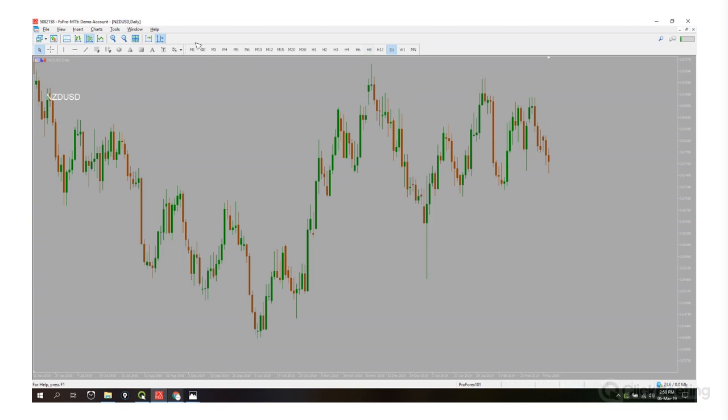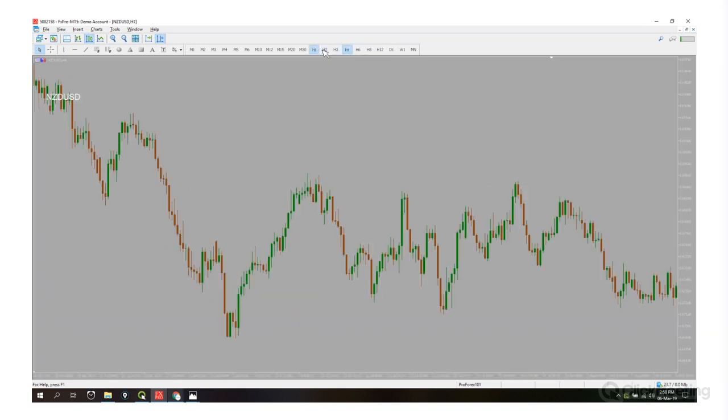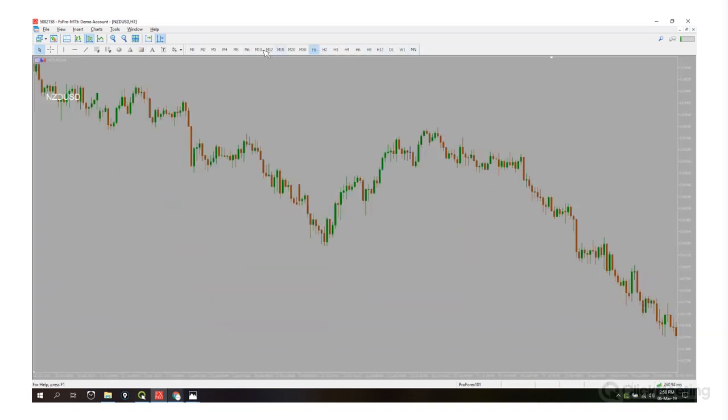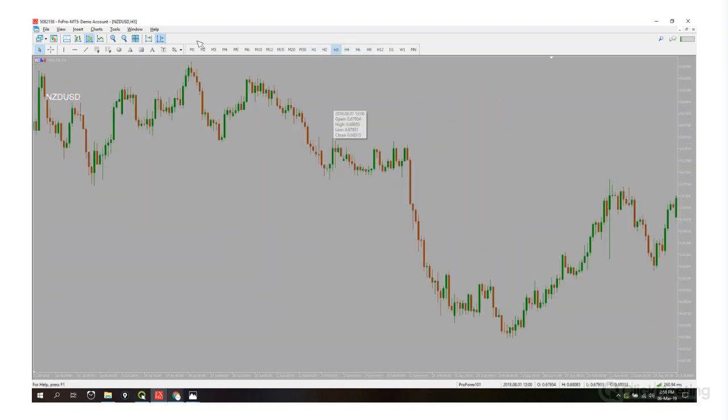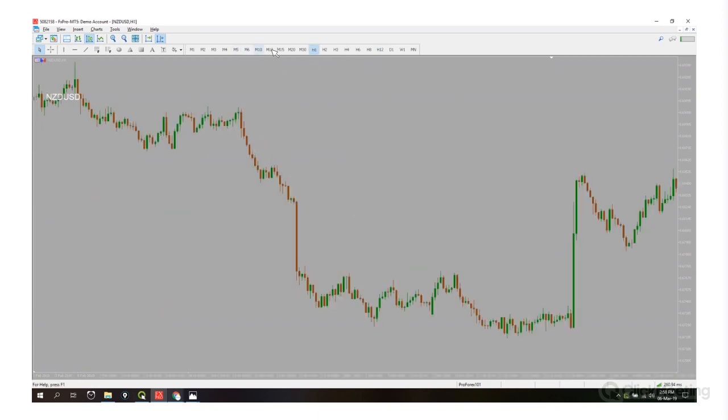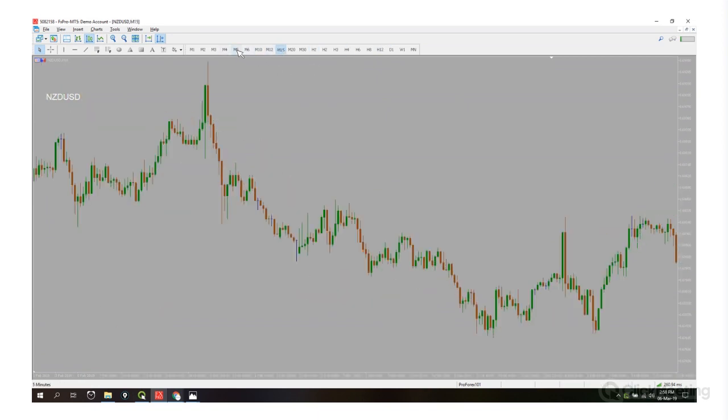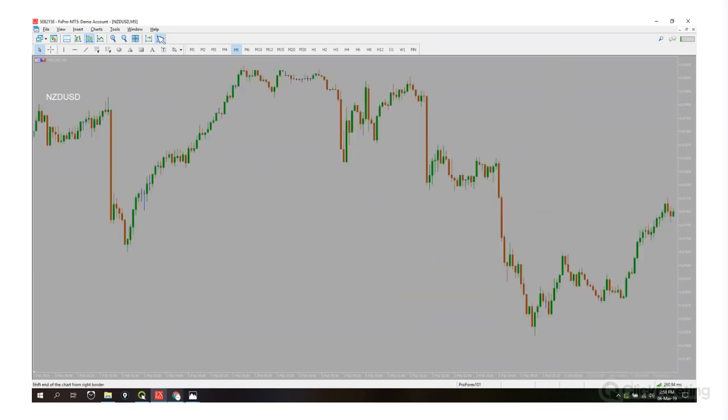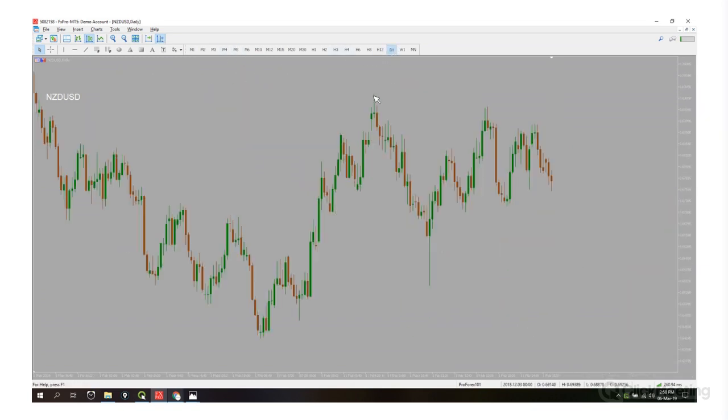On this chart you can change your x-axis to any interval. It can be 4 hour, 1 hour. On my MT5, I've got all the other time frames there as well, 2 hour, 3 hour. It's not really necessary. Just the daily, 4 hour, 1 hour, 15 minutes, and maybe 5 minutes is enough. But if it's there, why not use it? Weekly and monthly, of course, you definitely need to have.